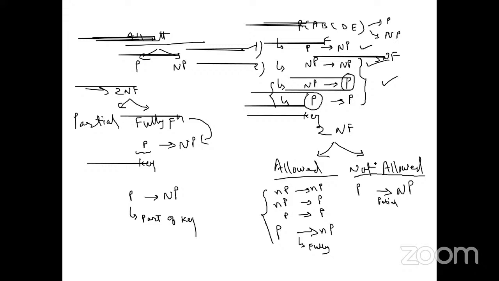So when we go from 3NF to BCNF, it is possible that some dependency is not preserved, right? So how do we decide which one to drop? That depends on your real-time application. Now, generally, the dependencies are nothing but the requirements, right?